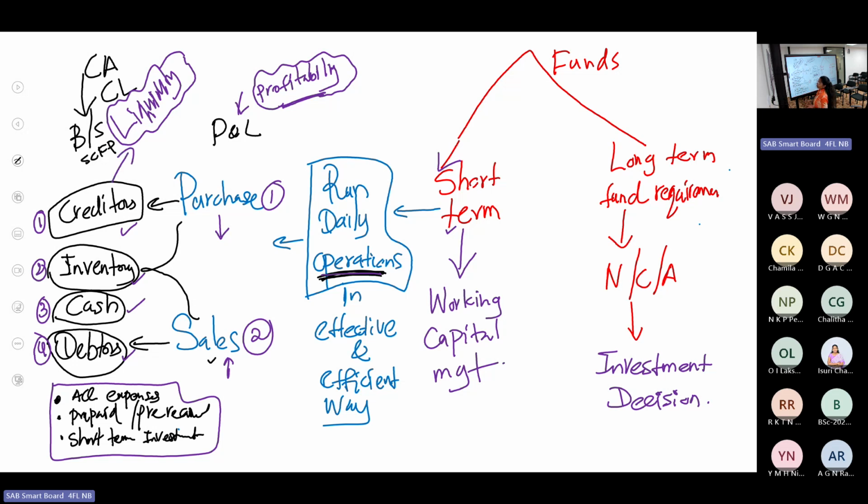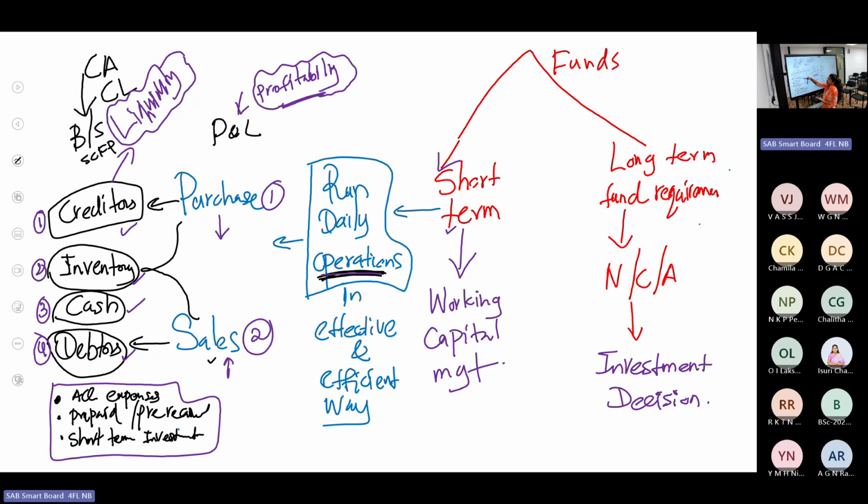For example, if we have a high amount of cash, liquidity is high. If we have a high creditors balance, liquidity is high or low? Might be low. If we have high inventory, liquidity might be low. If we have high purchases, profitability might be low. If we have high sales, we might have high profitability.